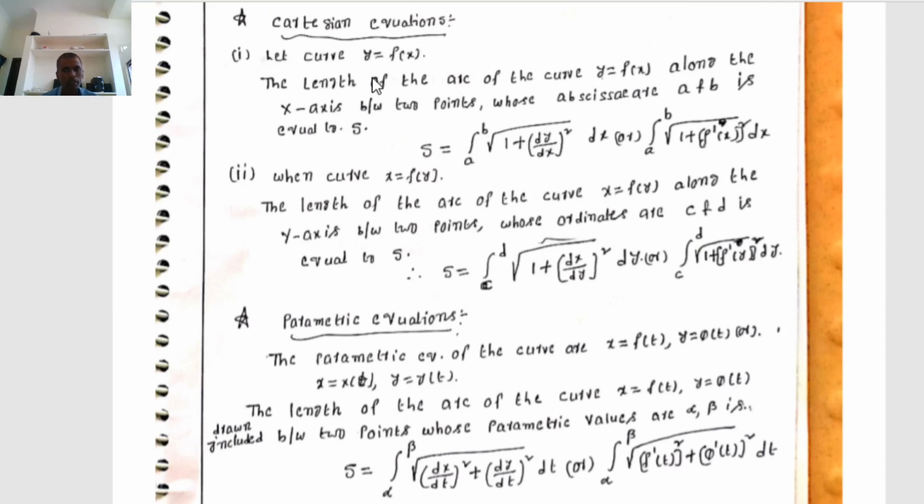Let the given curve be in the form y equal to f of x. Then the length of the arc of the curve y equal to f of x along the x-axis between two points whose x limits are a and b is s.